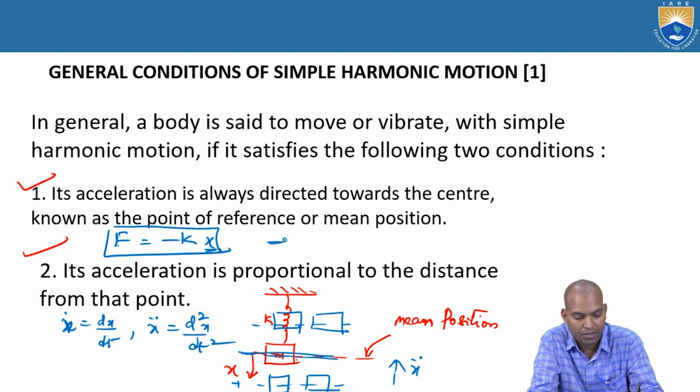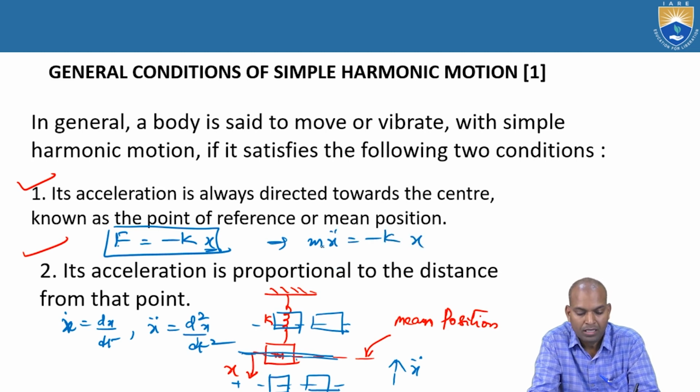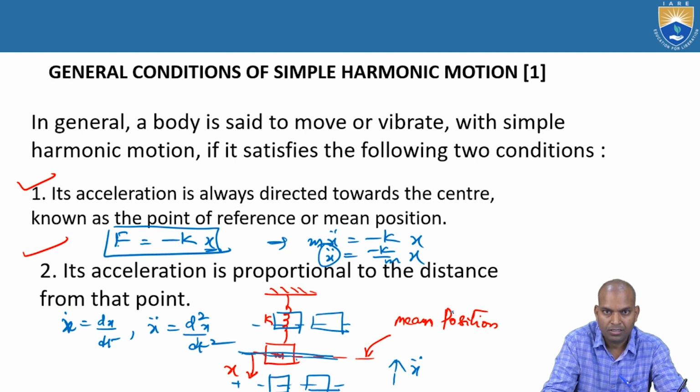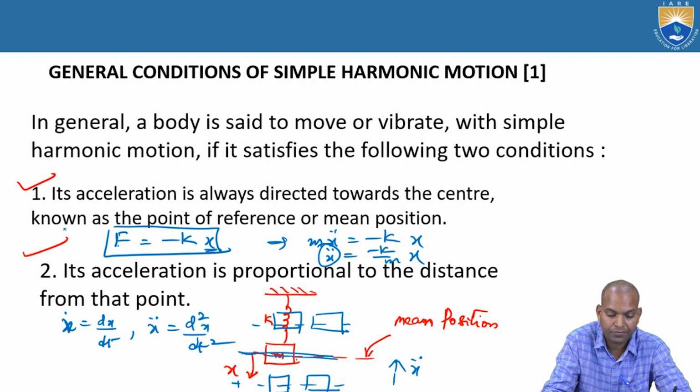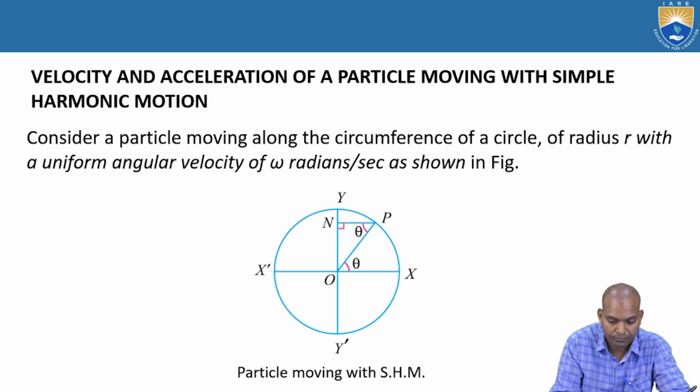This F equals mass times acceleration, which equals minus K times X. So x double dot equals minus K by M times X. This acceleration is proportional to the displacement, and is always directed towards the mean position or reference point. So these are the two conditions that should be satisfied. When the system satisfies these two conditions, then the system is under simple harmonic motion.